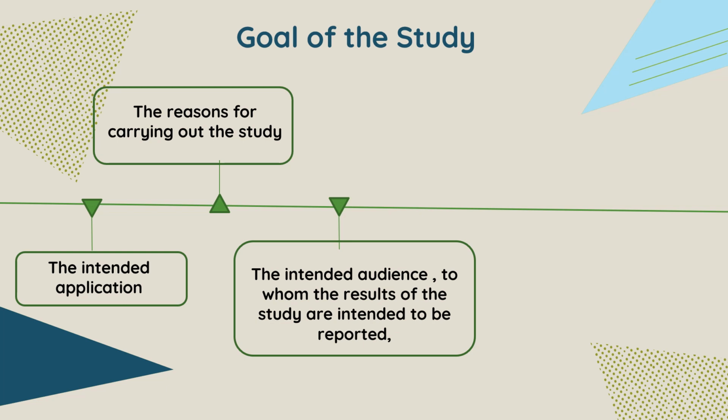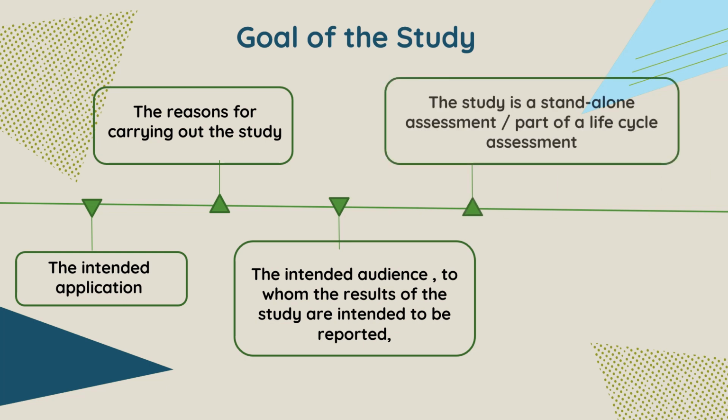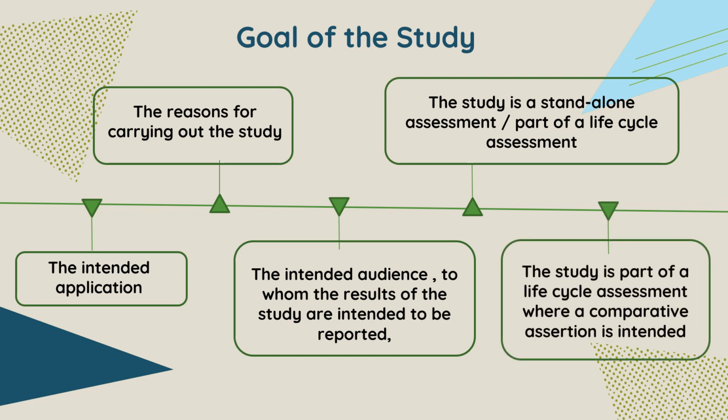The goal of the study also states whether it is a stand-alone assessment or part of a life cycle assessment, and whether the study is part of a life cycle assessment where comparative assertion is intended.